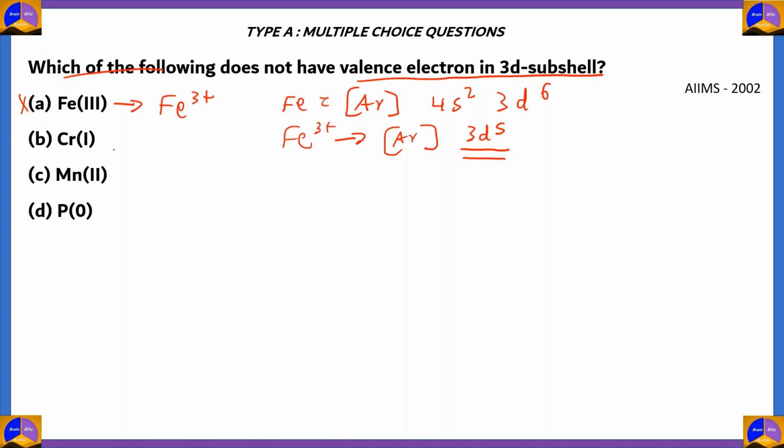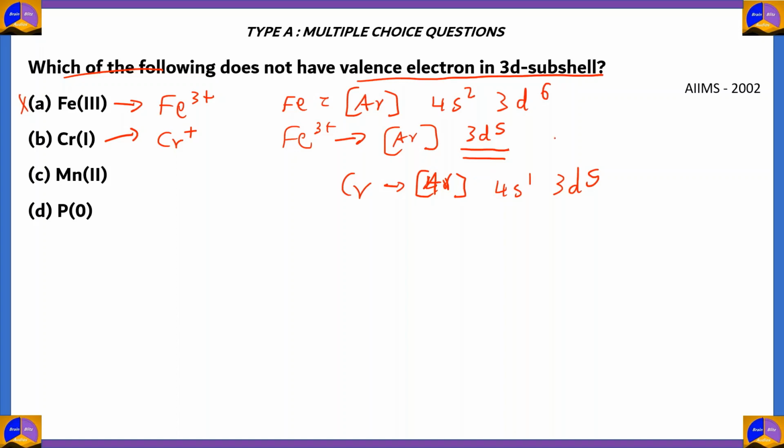Now, option B, Cr+. This notation means that the ion is chromium plus. Chromium has the electronic configuration argon, which stands till 3p6, and then 4s1 and 3d5 due to Hund's rule of maximum multiplicity.